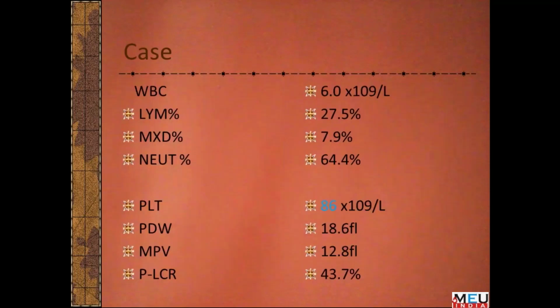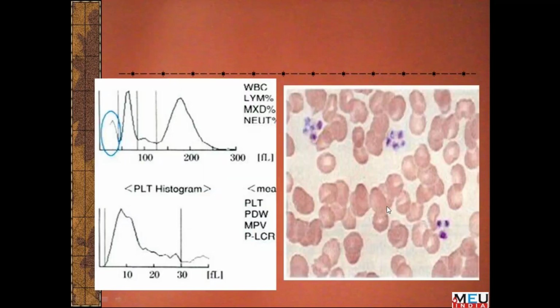Another case in which the platelet count is markedly decreased, and in the RBC histogram this doesn't touch zero. Because of the giant platelets, they cause disturbances, and even in the WBC histogram as well as RBC histograms we sometimes find such disturbances.